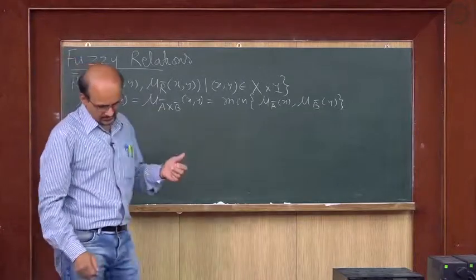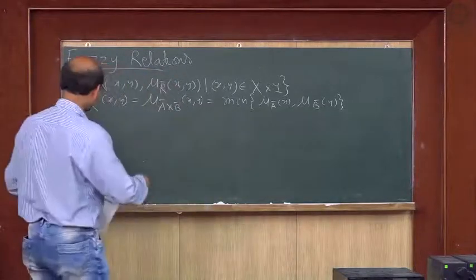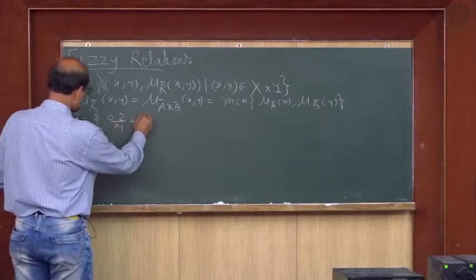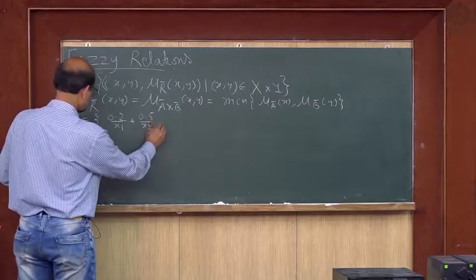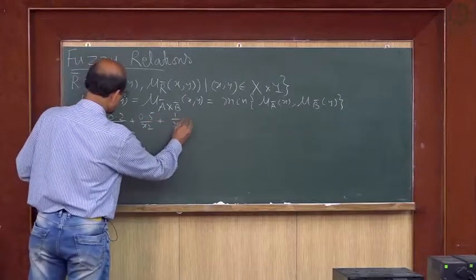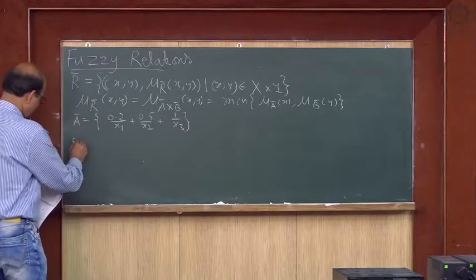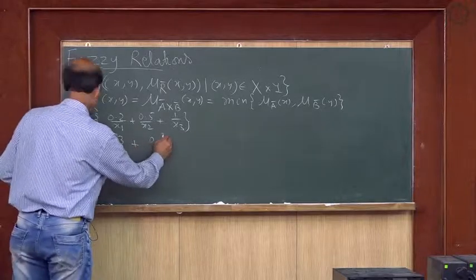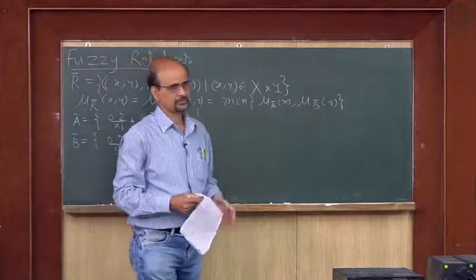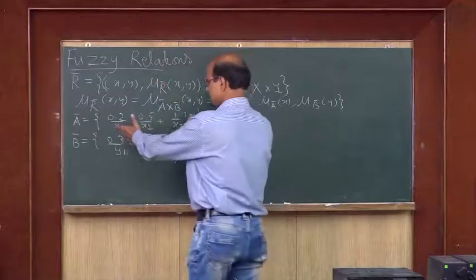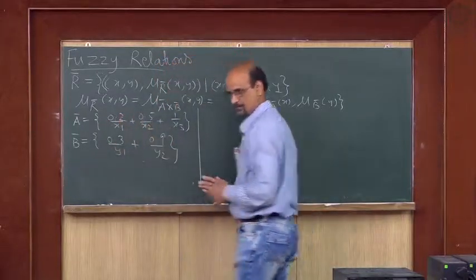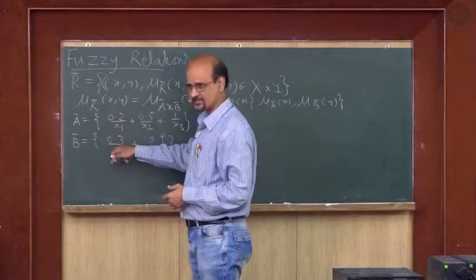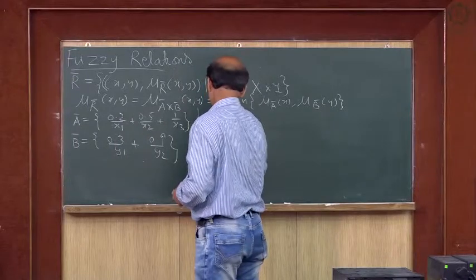We had the example A bar is equal to 0.2 by x1 plus 0.5 by x2 plus 1 by x3, and B bar is 0.3 by y1 plus 0.9 by y2. This is in capital X, this is in capital Y. Then I can form the relation matrix R bar.